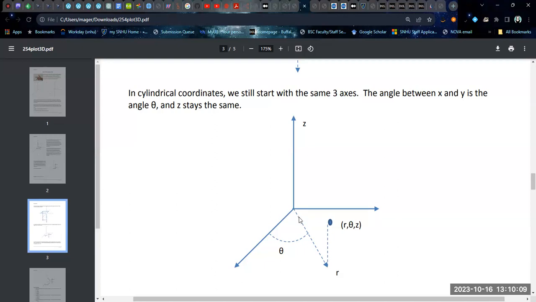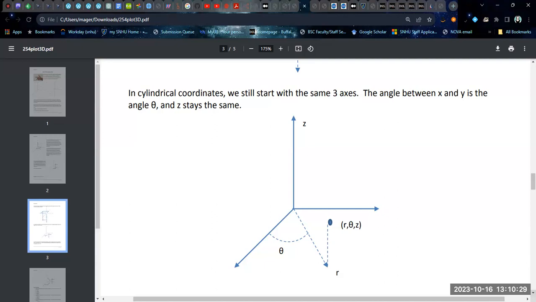When you're doing a pi over 4 angle, which is halfway between the axes, you have to eyeball what is halfway between the axes in this perspective. And so it can be a little bit challenging to do by hand.